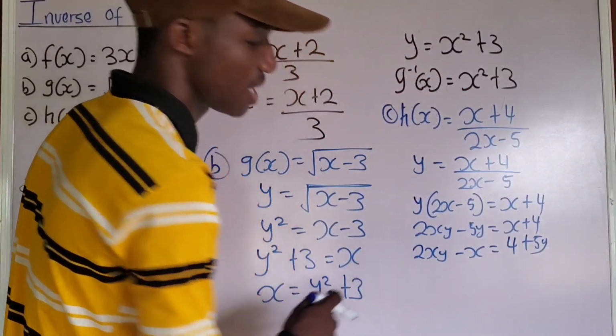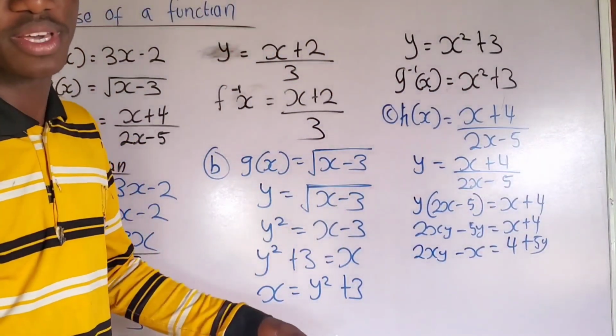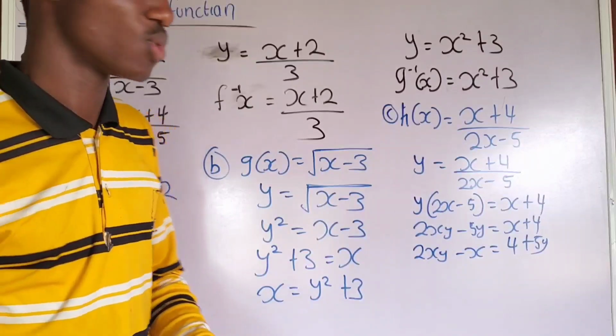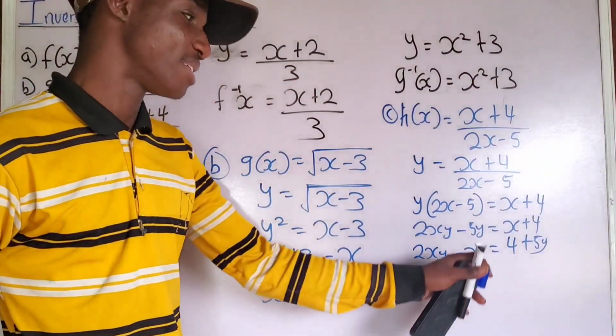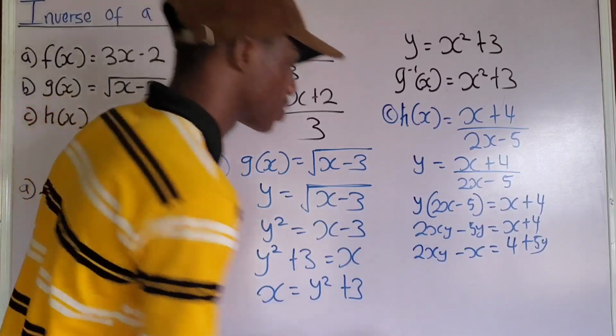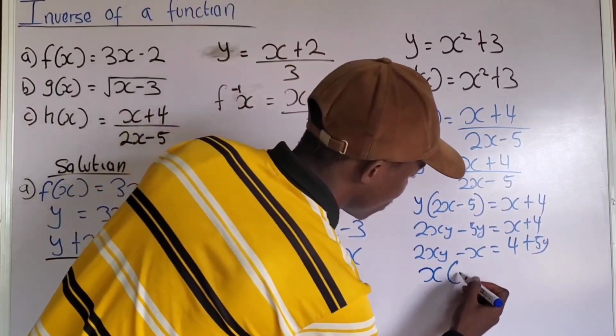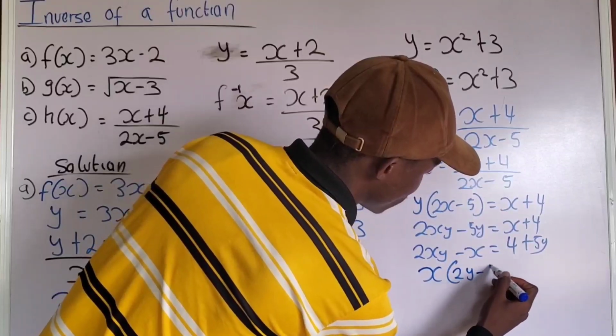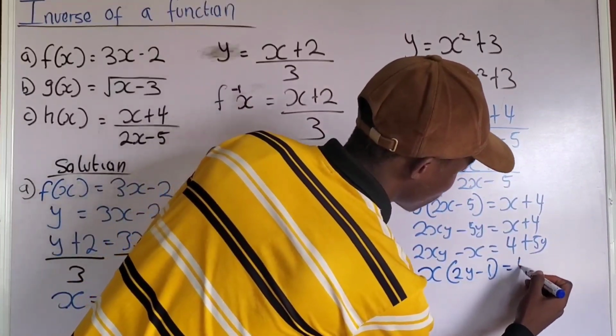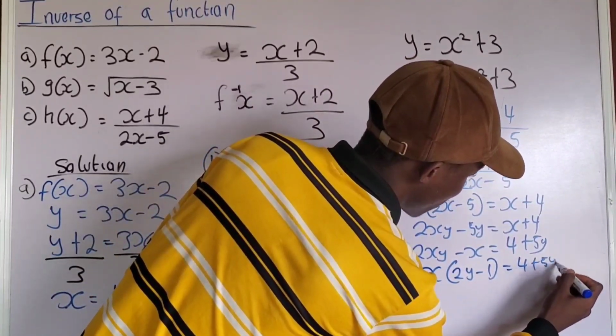Now you have to factorize, because the goal is to make x the subject of the relation. x is common to both terms, so I'm going to have x times the bracket 2y minus 1 equals 4 plus 5y.